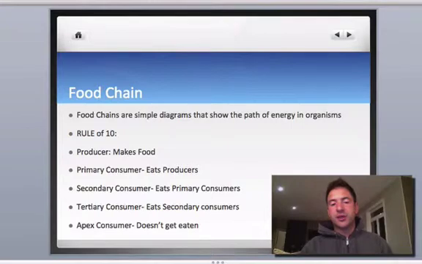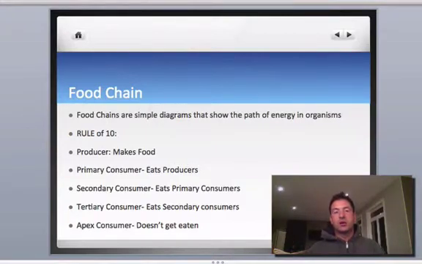At the tertiary level, we have a higher level of consumer that is also a carnivore, a meat eater. Then what I have at the bottom is the apex consumer, because we could go to quaternary consumer and farther than the third level of consumer.